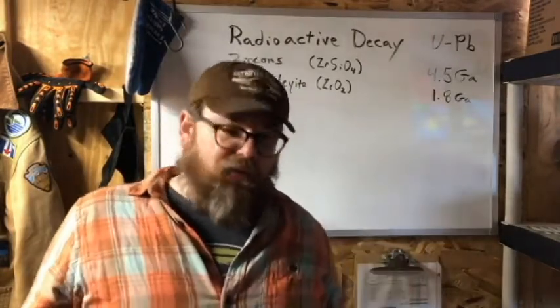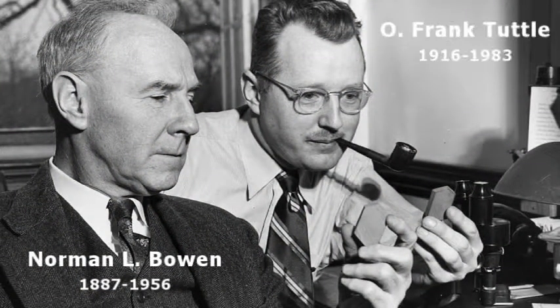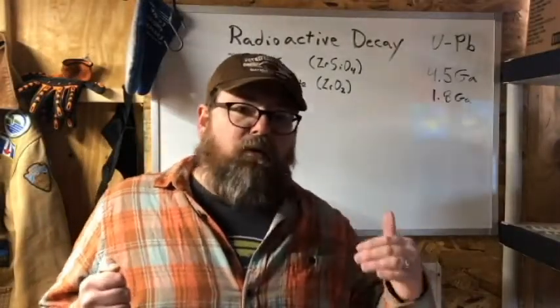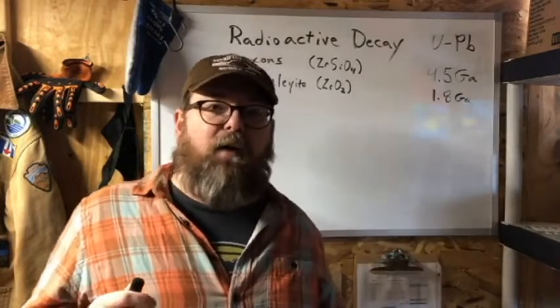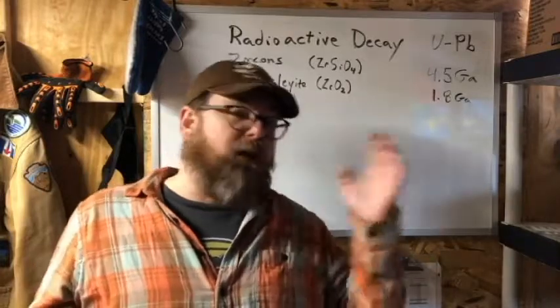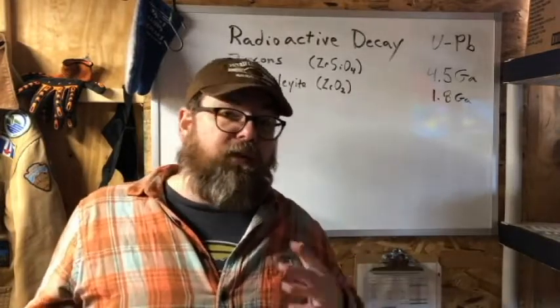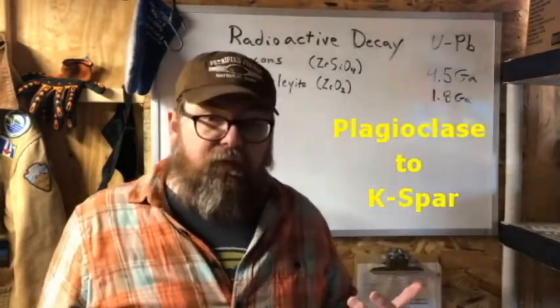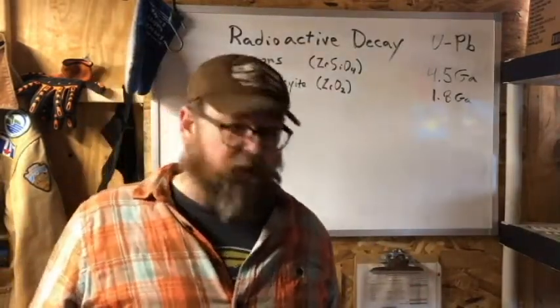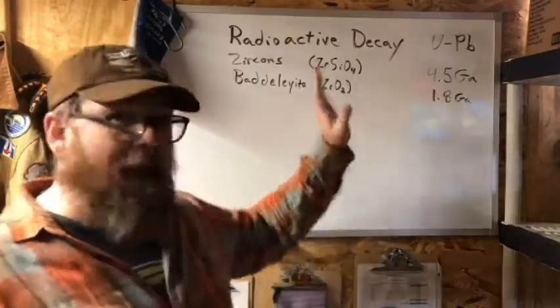And Bowen and Tuttle, over the past 100 odd years, figured this stuff out: as certain minerals start to crystallize out of melts, some of them will exchange ions with that magma and become totally different minerals, as in the case of plagioclase feldspar, and others will just change their form entirely, okay, as that magma body cools.